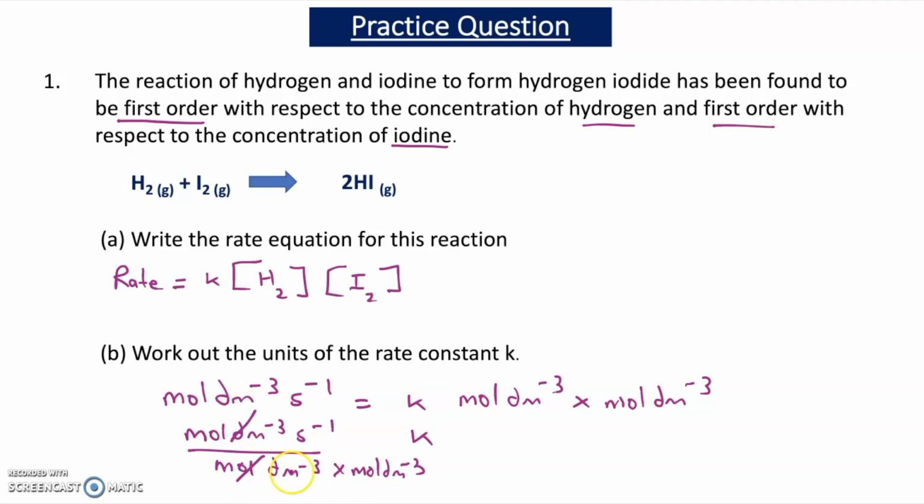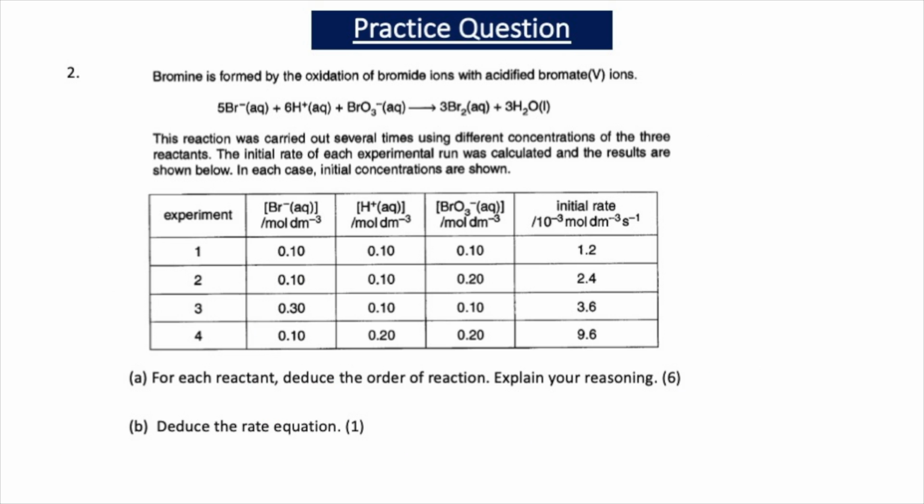So that leaves us with K equal to seconds to the minus 1 over moles per decimeter cubed, and we need to write this on the same line, so it becomes moles to the minus 1 dm to the 3 seconds to the minus 1, and that's the units for overall second order reactions.